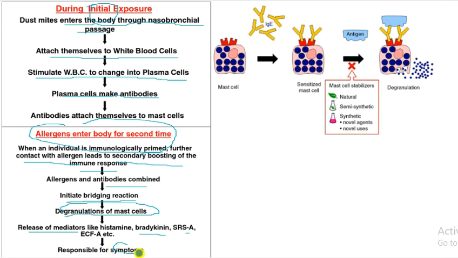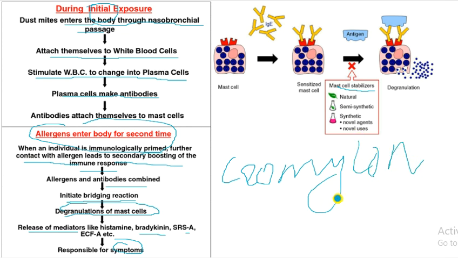These are responsible for symptoms. So we need to talk about mast cell stabilizers, for example, cromolyn. The mast cell has IgE receptors.